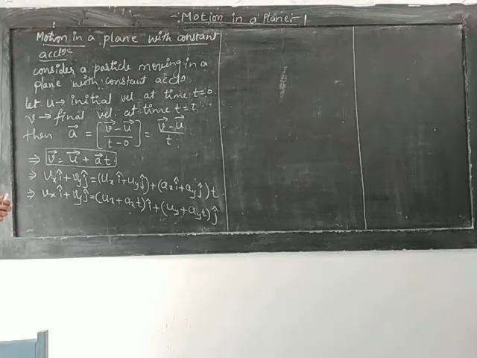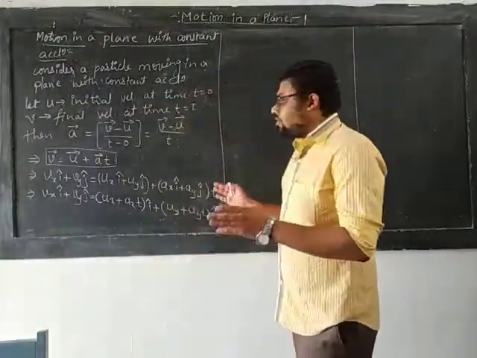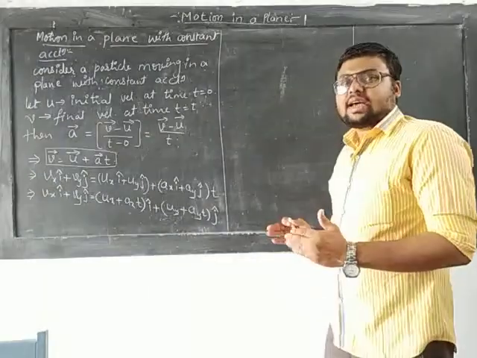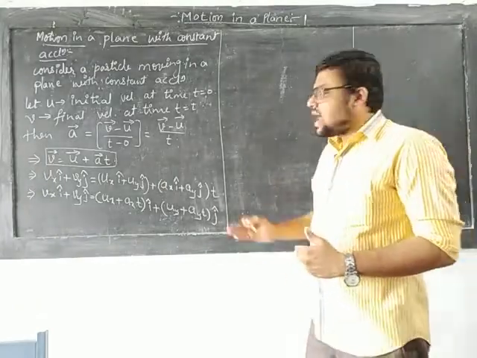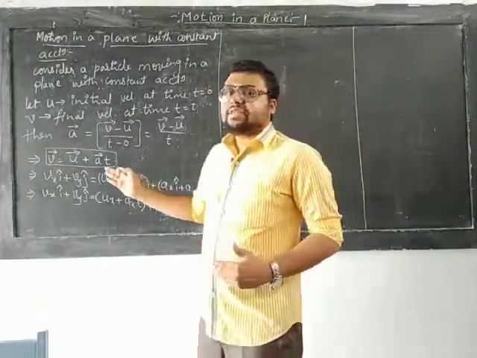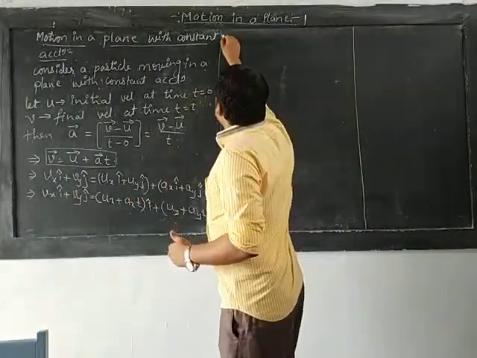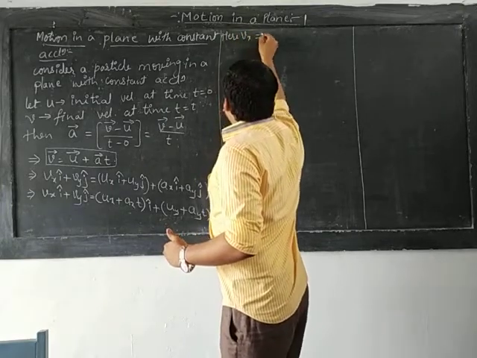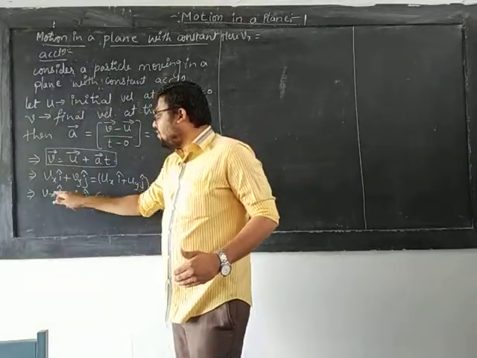Okay. So in this equation, we just have to compare the coefficients of i from LHS and RHS, and also the coefficients of j from LHS and RHS. As we compare the coefficients of i from LHS and RHS, we can write vx is equal to ux plus ax into t. Here vx is the coefficient of i cap.